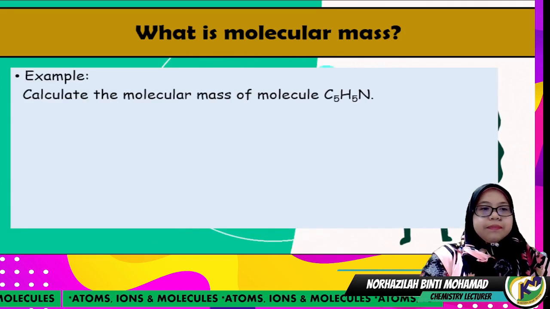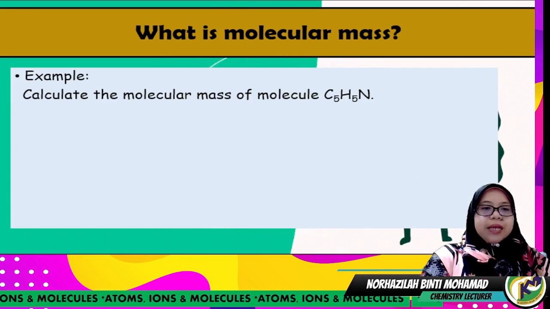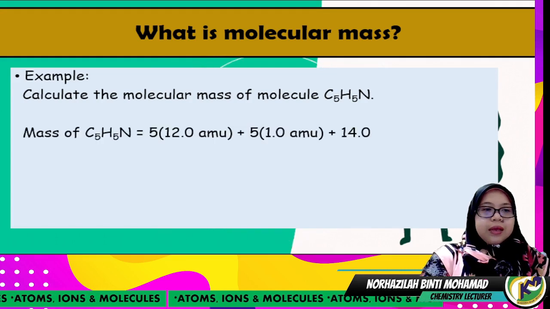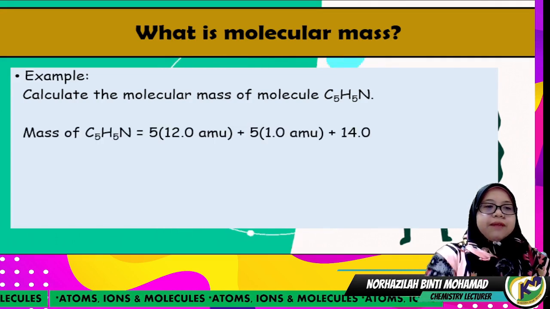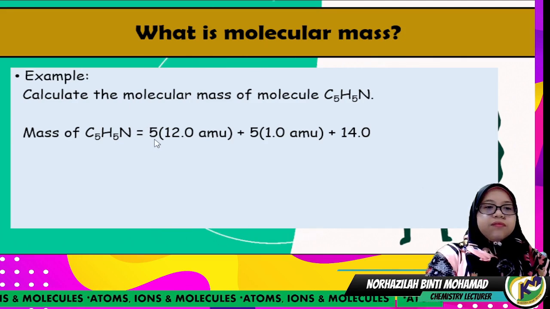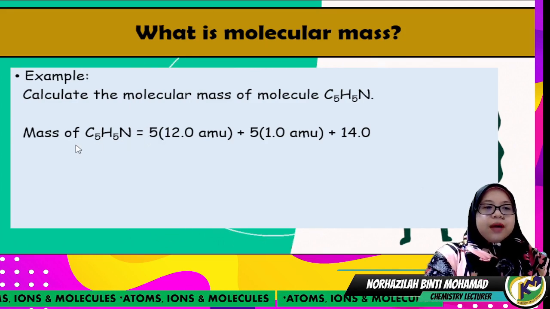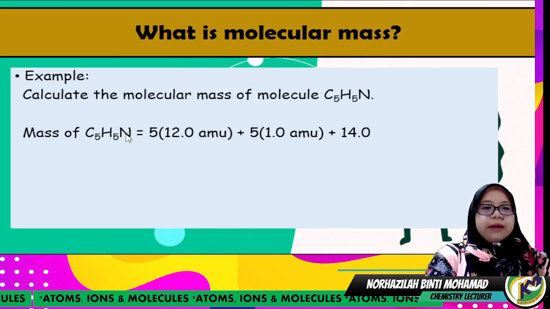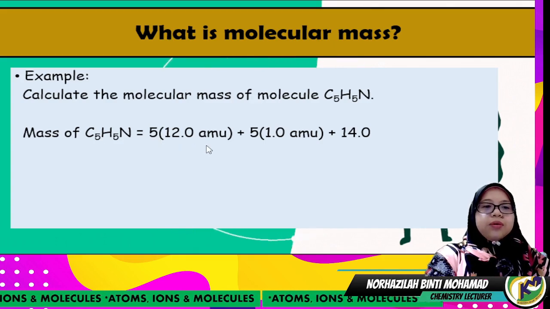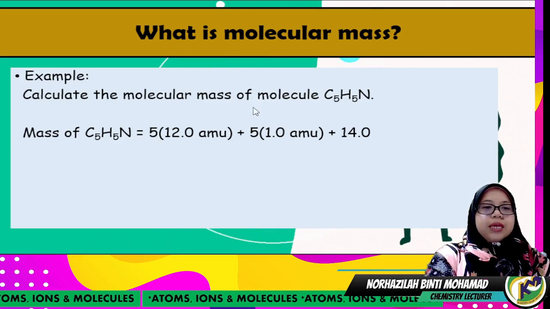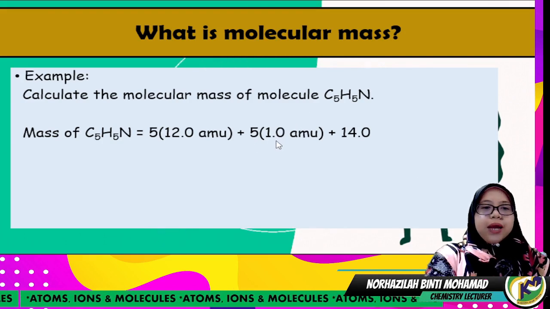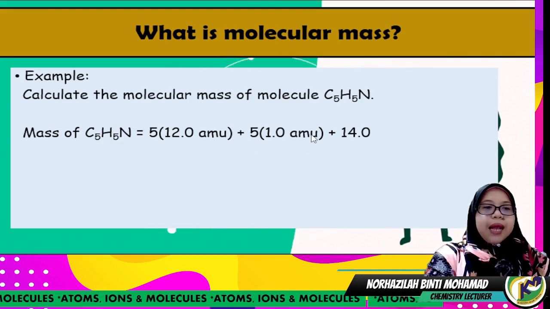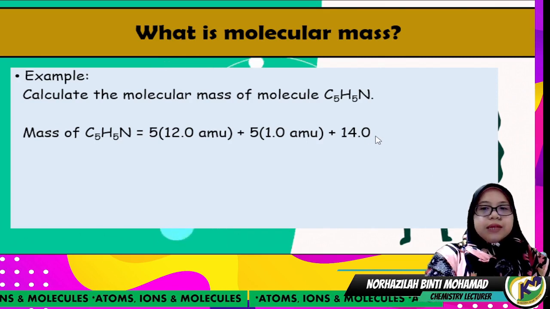So, for example, calculate the molecular mass of molecule C5H5N. So, mass of C5H5N is equal to 5 carbon, that means 5 times 12 AMU, 1 carbon is 12 AMU, plus hydrogen here, 5 times 1 AMU, plus nitrogen is 14.0.